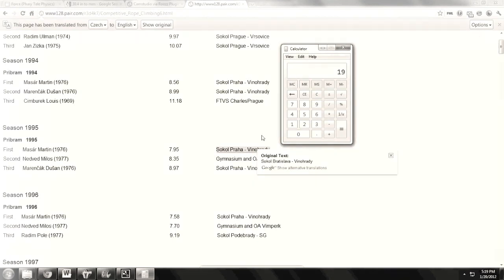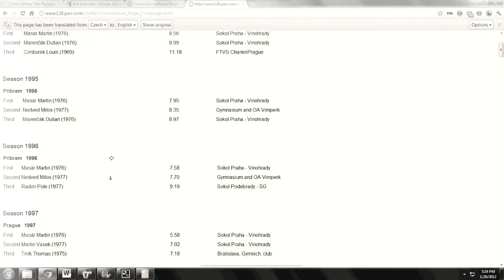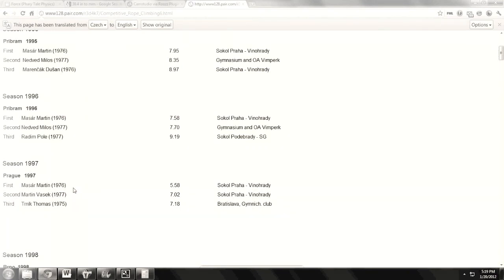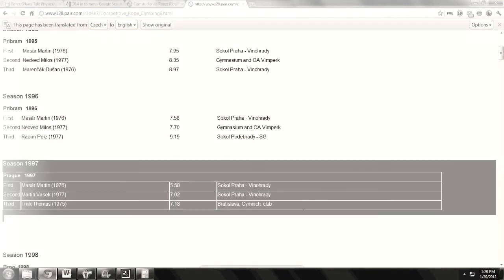So a big part of this project was trying to figure out creative ways to get these numbers so that we could use them in the equations that we've learned throughout this year.